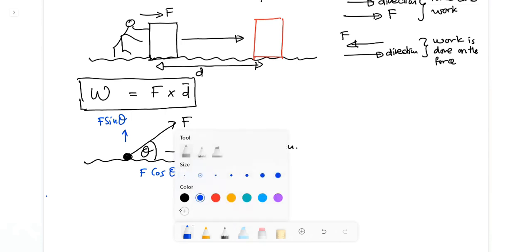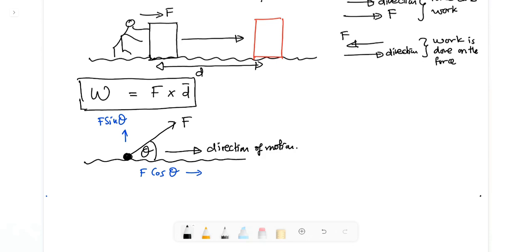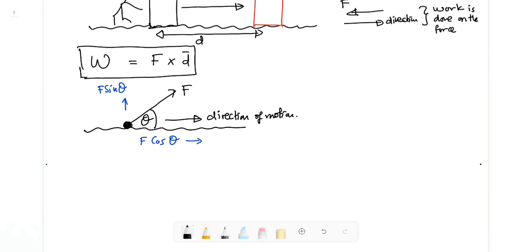So now, since the horizontal component is the one that is causing motion, it means the work done now is going to be equal to F cos theta, all right, multiplying the distance moved in that specific direction.